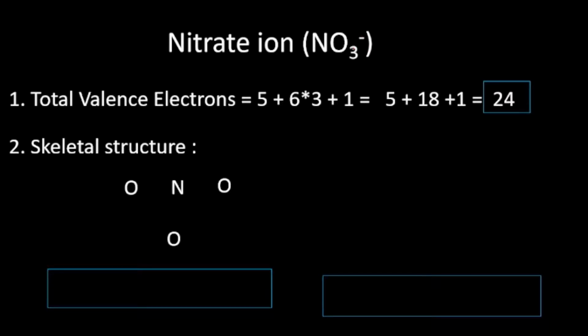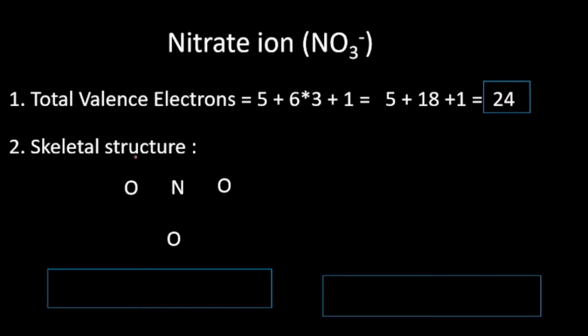Then this is a negative ion and there is one negative charge, so you have to add 1 electron. So the final valence electrons will be 5 plus 18 plus 1, that is 24.